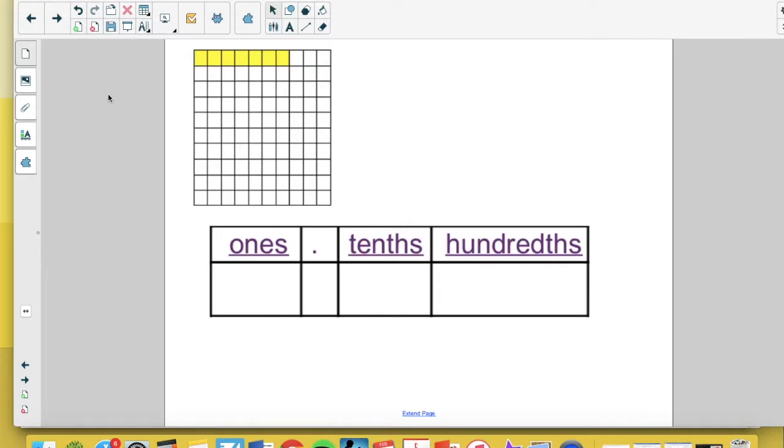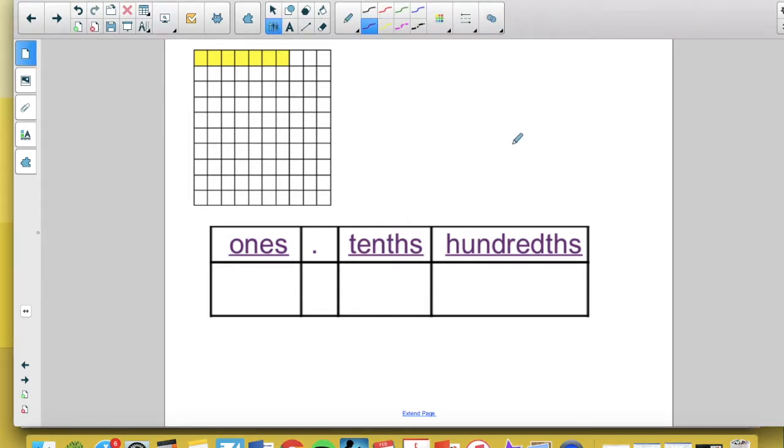Let's look at another model. Just like the last one, there's not an entire square shaded, so I still have no whole numbers. So I put a 0 in my ones place, then my decimal. However, for this one, I don't have an entire group of 10. Because remember, each row is a group of 10. I don't have a full group of 10 yet, so I'm going to put a 0 in my tenths place.